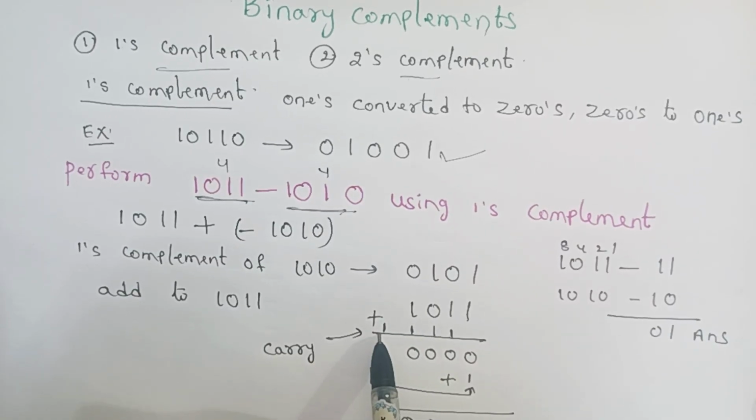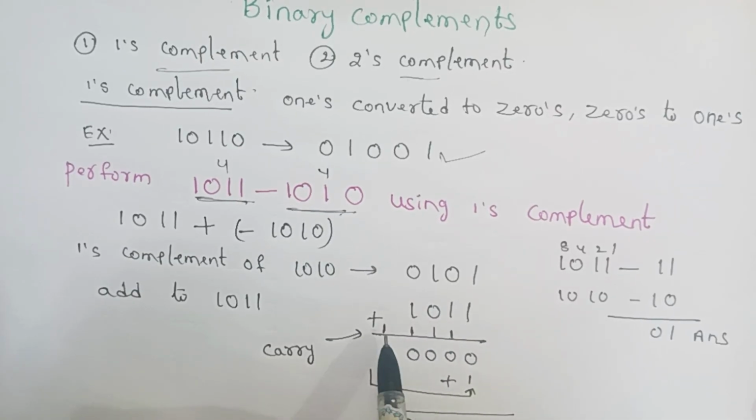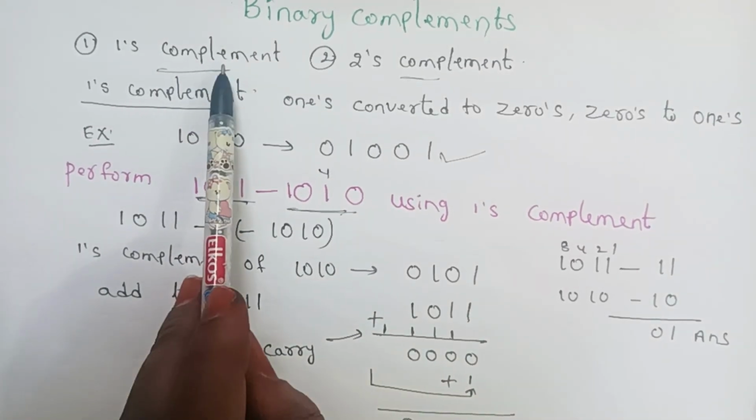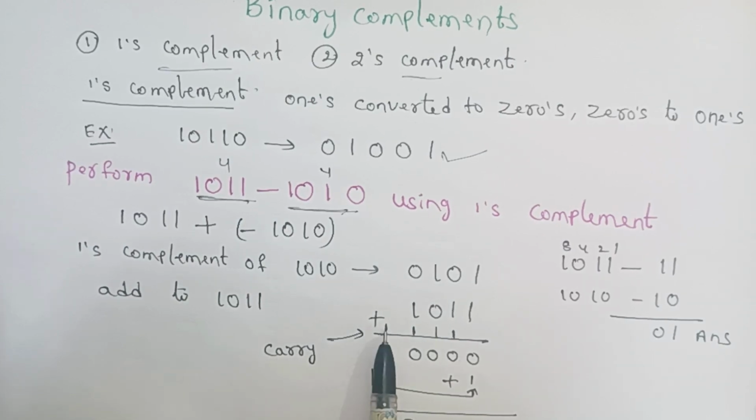We got a 5th digit, which is the carry, called the end around carry. In 1's complement, the end around carry should be added to the result.